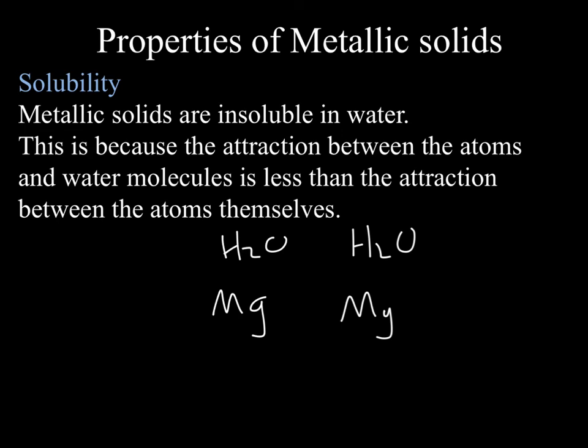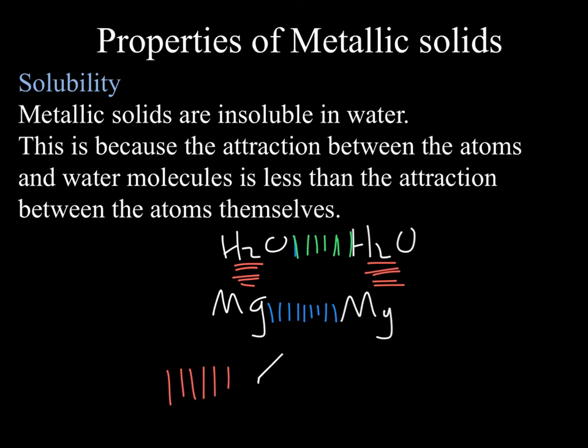The attraction between the water and the magnesium, represented by this red line, is less than the attraction between individual magnesium atoms or individual water molecules. So we're saying the attraction between the magnesium and the water is less than the attraction between magnesium atoms and the attraction between the water molecules. Because this red attraction here is less than these two combined, that makes metallic solids insoluble.